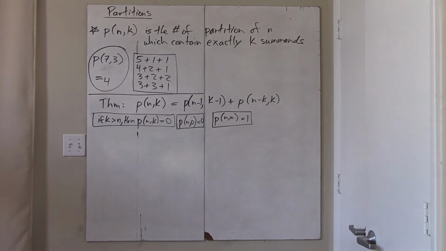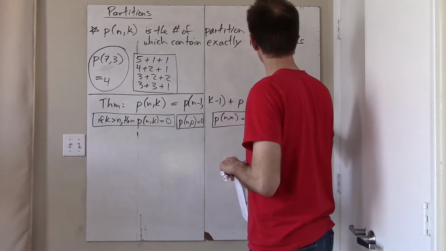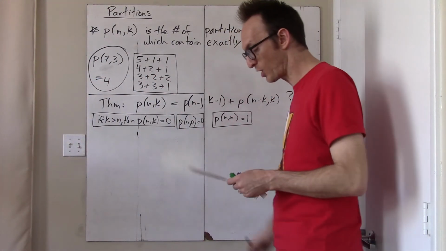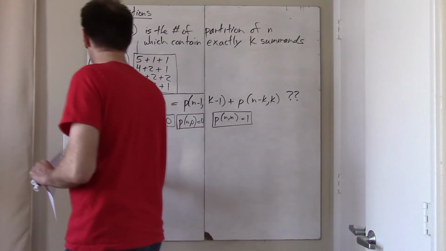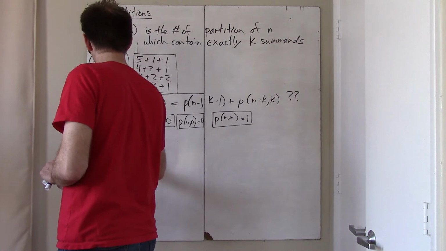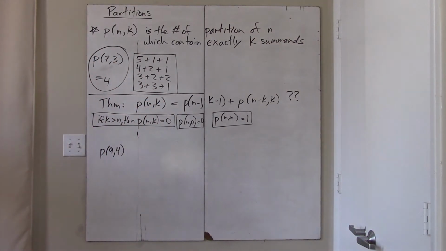Okay, so why is this true? Why does this make sense? First, let's explore a particular example. Take P(9,4). What is P(9,4)? It's the number of ways of dividing up 9 puppies into 4 piles.